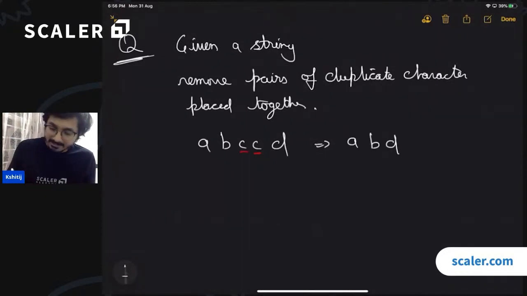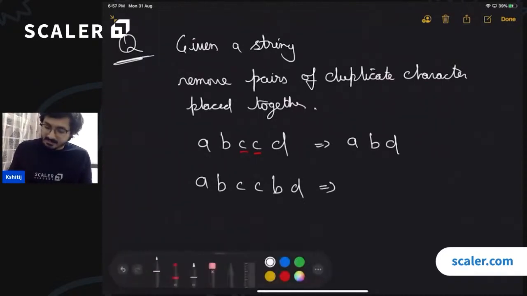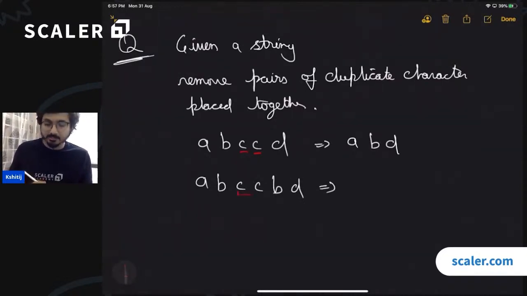Then the next example could be A, B, C, C, B, D. If this is the question, then first you remove these two.